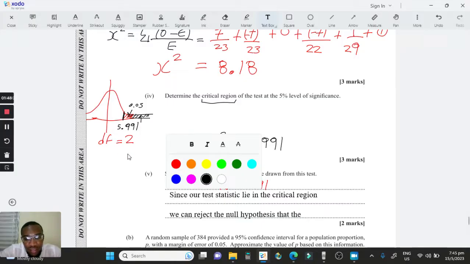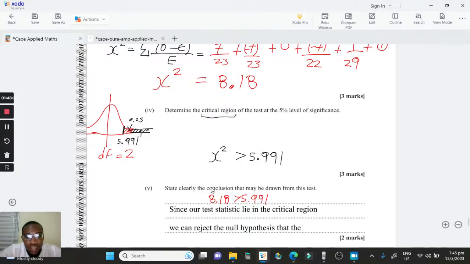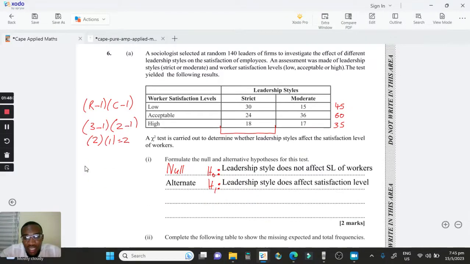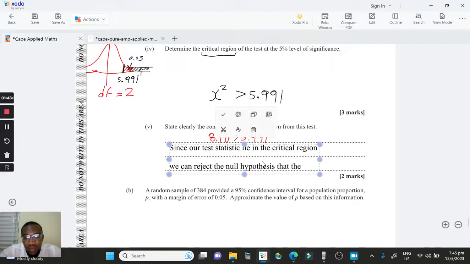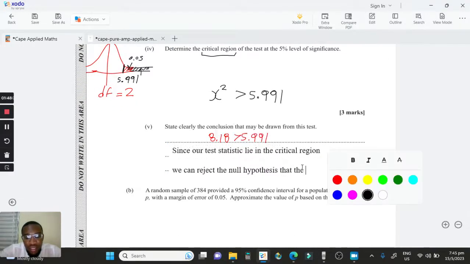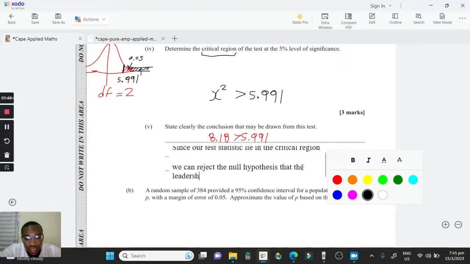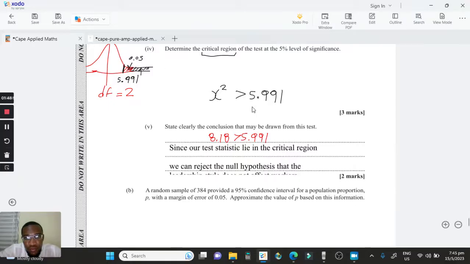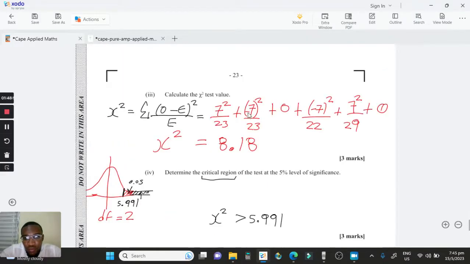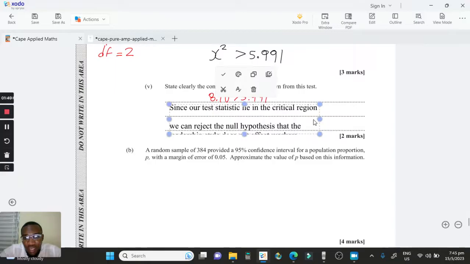All we know is that we reject the null hypothesis.